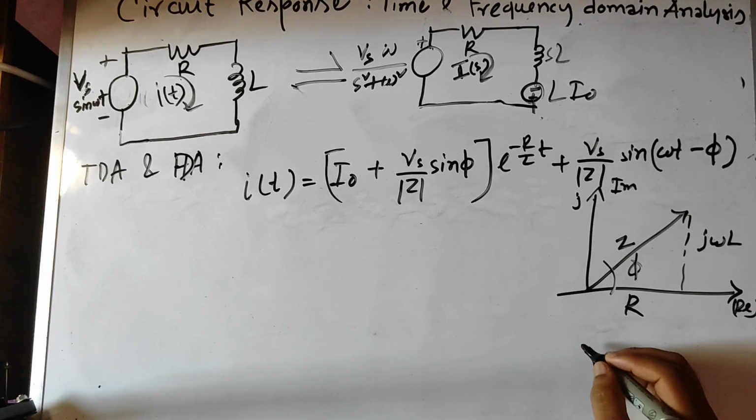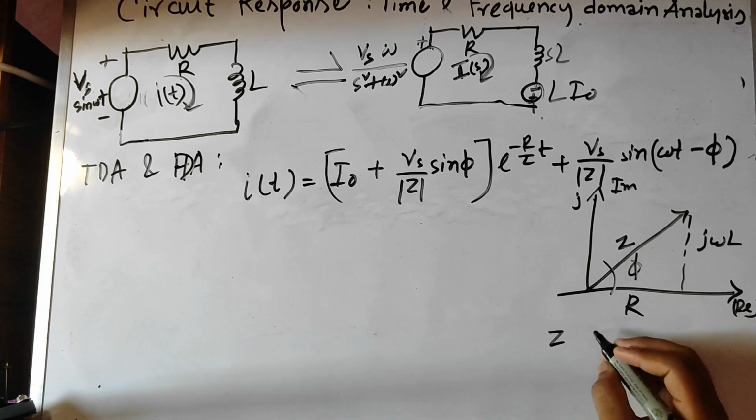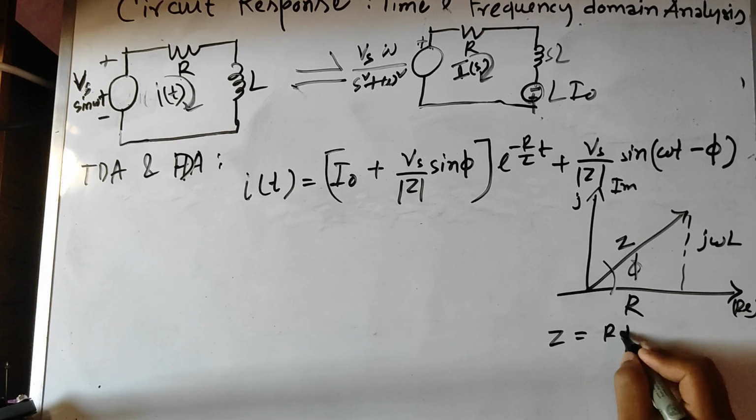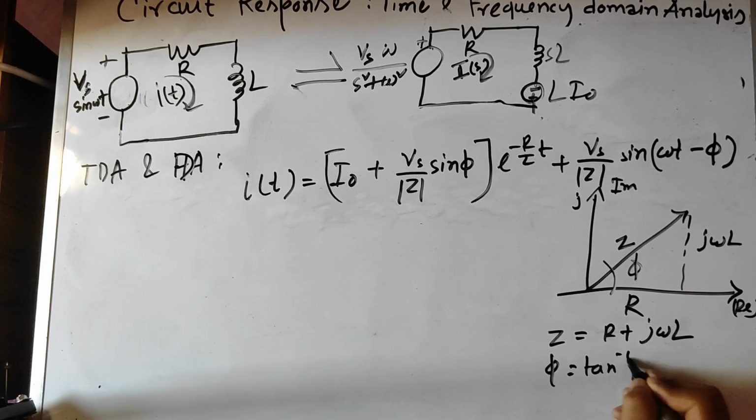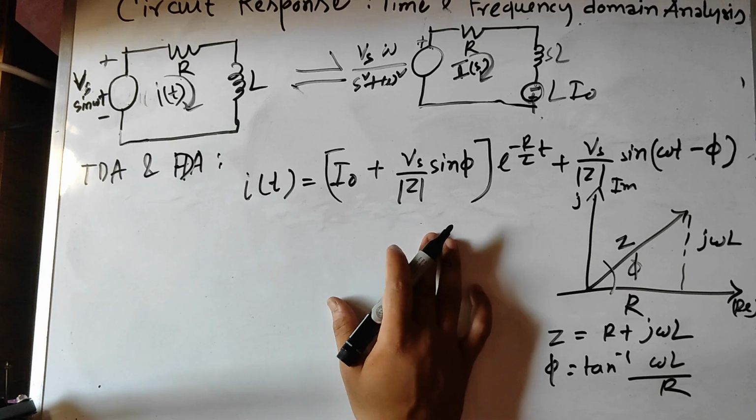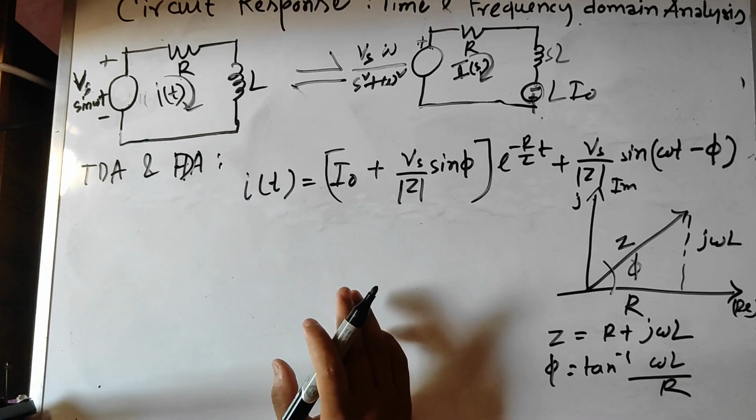So where Z is R plus j omega L, phi is tan inverse omega L by R. So this is the final response for sinusoidal input.